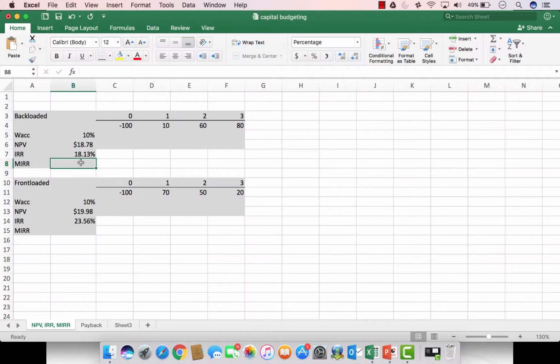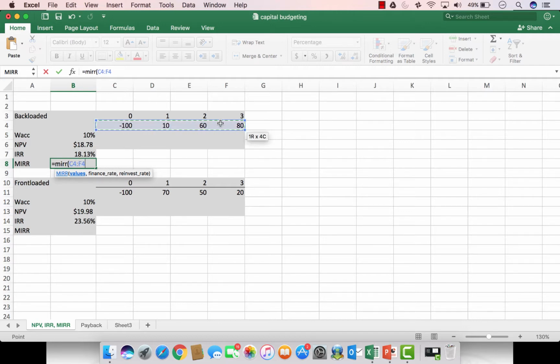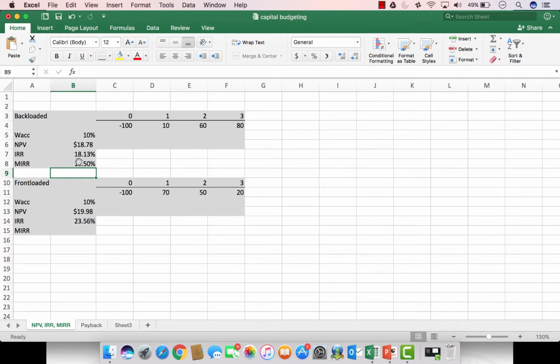In Excel, as you may be imagining, the formula is MIRR, and then we include all the cash flows, and then we have a couple of rates, and in this case we need to put both of them, the WACC. So both of them are going to be at the 10% rate, and this gives us the 16.5% that we just saw on the slides.